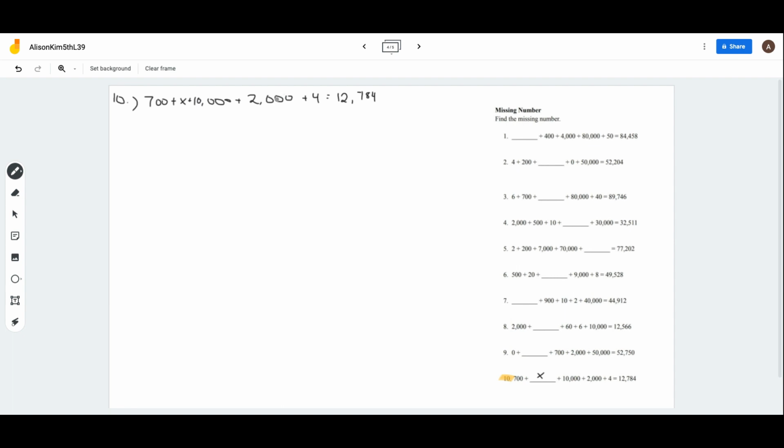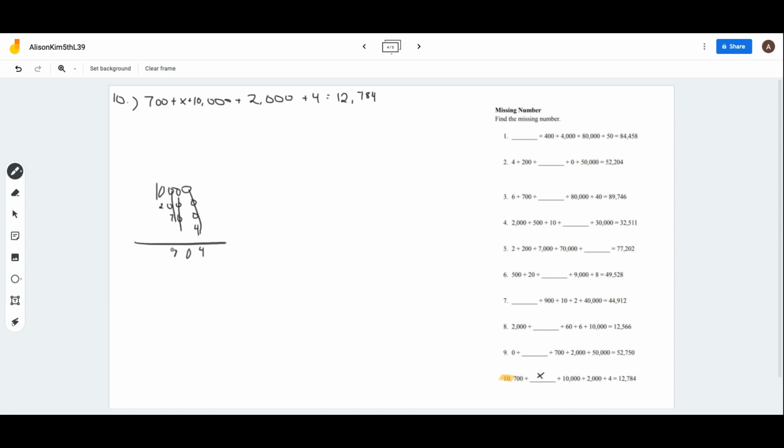As we can see, all of them are constants except for the x, so we're going to leave the x alone. And we're just going to add, so it's going to be 10,000 plus 2,000 plus 700 plus 4.